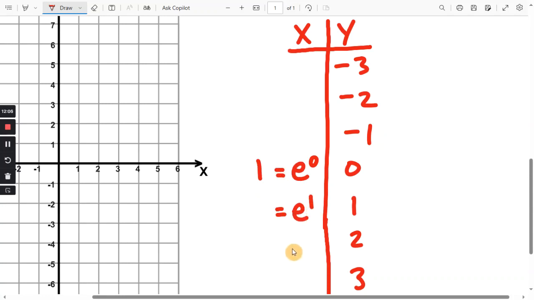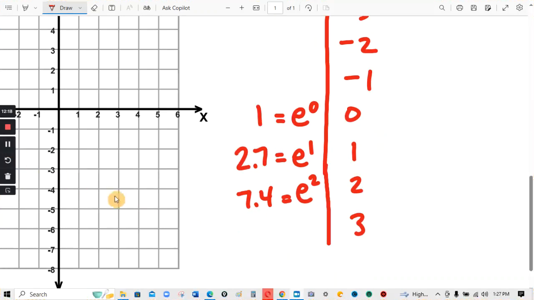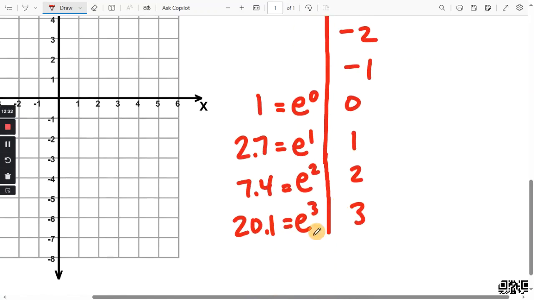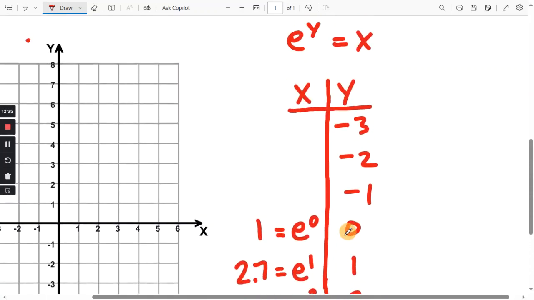E to the power of 1, if you did it on the calculator, it's approximately 2.7. All right, e squared on the calculator, that's 7.4. And e to the third is 20.1. All right, for the other values, just take the reciprocal. So 20.1, if I take the reciprocal, I get 0.05.